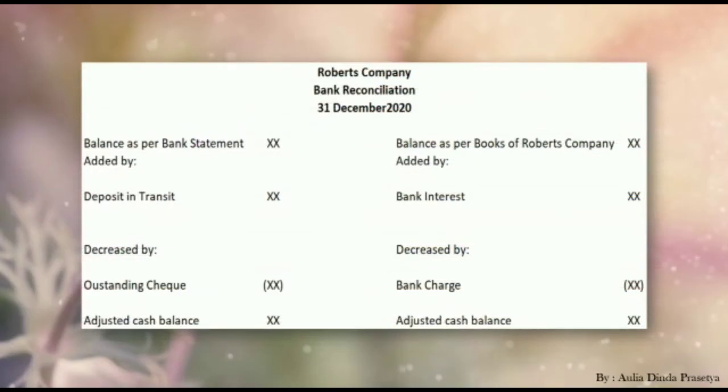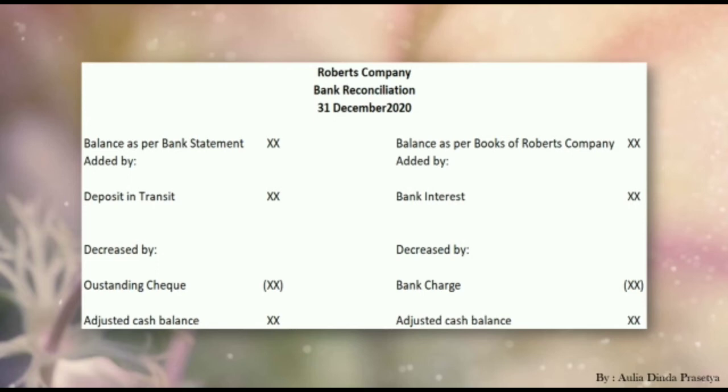To make it clear, I give you an example from Robert's Company bank reconciliation. On the left side is as per bank statement, and on the right side is as per books of Robert's Company. So as you see on the left side, there is deposit in transit as amount that added to bank balance.